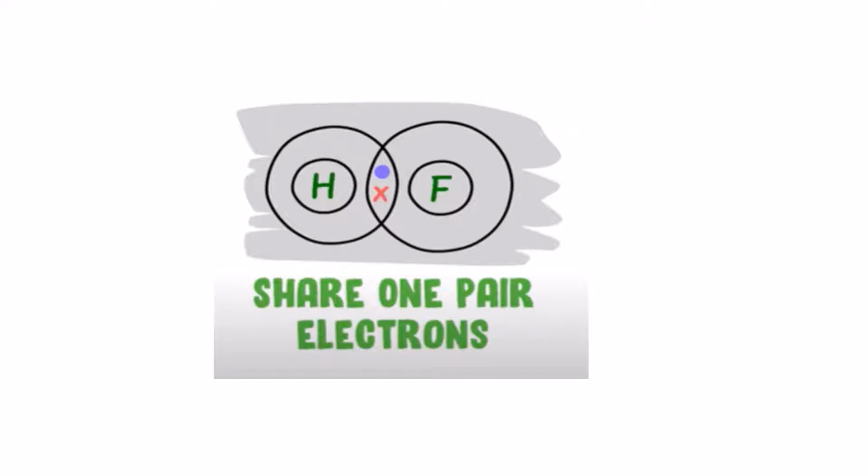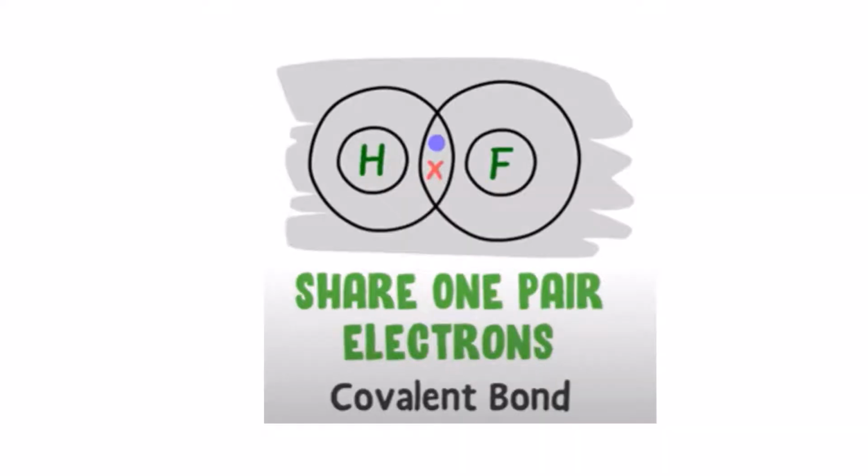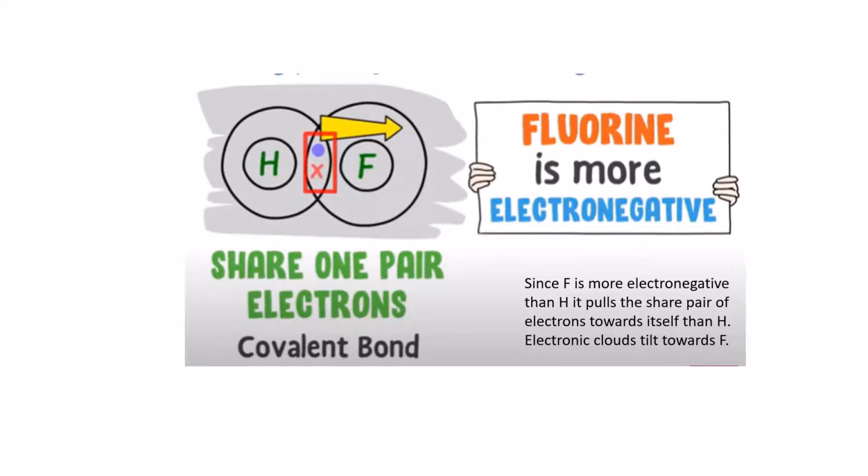This hydrogen fluoride shares one pair of electrons. It is formed through a covalent bond. Since fluorine is more electronegative than hydrogen, it pulls the shared electrons towards itself.